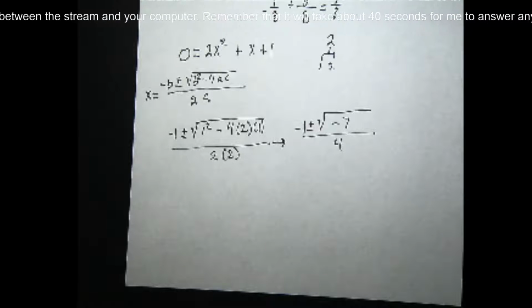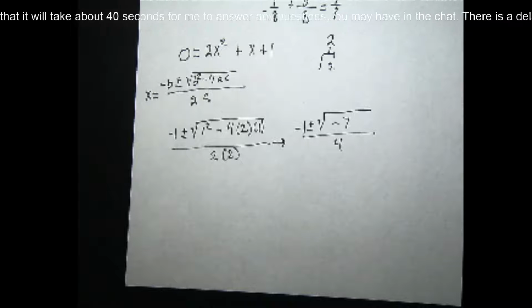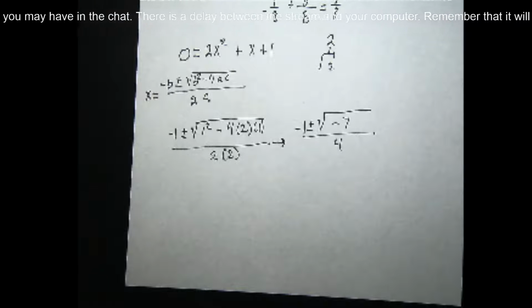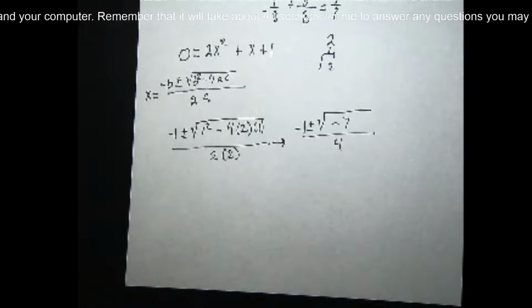Whoops. Okay, so let's take a look at this. See what it says. Well, here's our graph. Where does it cross the x-axis? It doesn't. So that's what you can expect if you have a function that doesn't have x-intercepts.